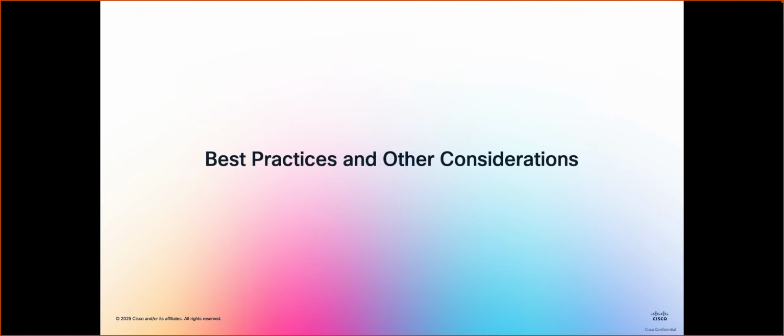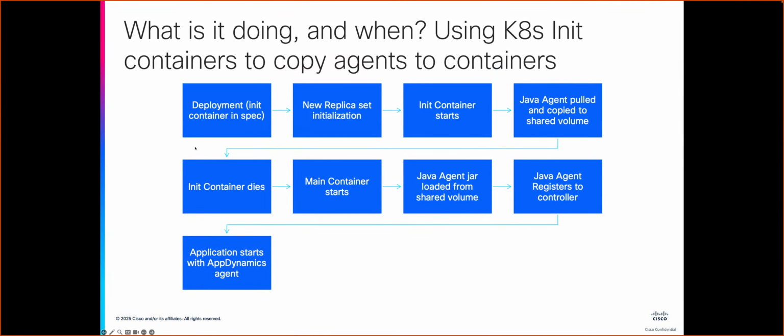So now that we have that all set up, what's actually going to happen? They're going to start the deployment. A new replica set's going to be initialized. The init container is going to start. The Java agent is going to be pulled and copied into that shared volume.